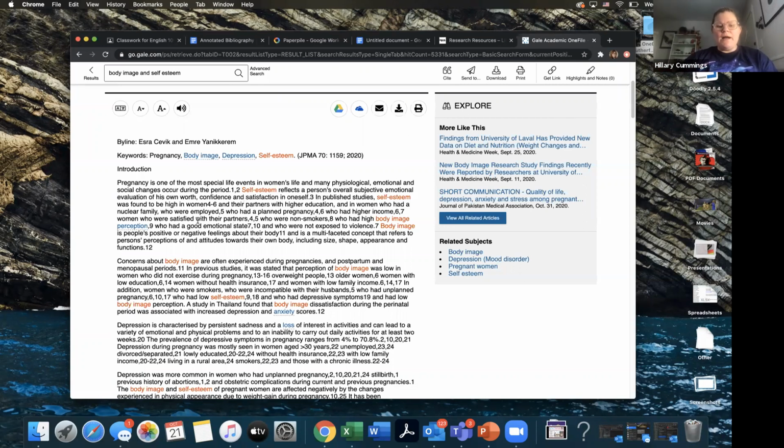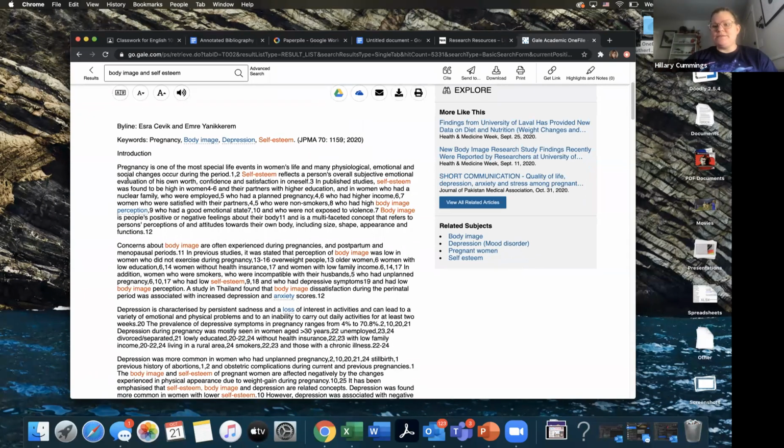So if I'm going to use this article, then I'm going to scan it and see, is this what I want to work with? So it says pregnancy is one of the most special life events in a woman's life. Okay, I scan that, yes. Then I see highlighted: self-esteem reflects an overall person's subjective emotional evaluation of his own worth, confidence, and satisfaction in oneself.